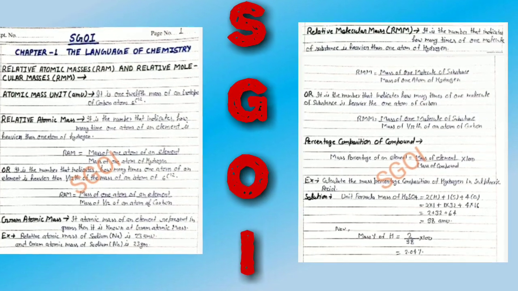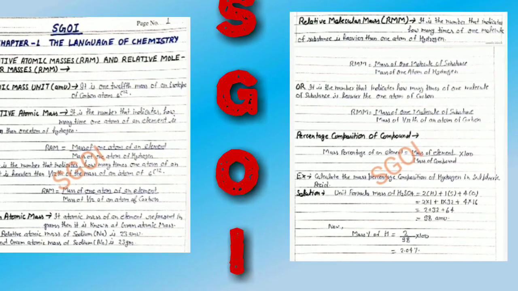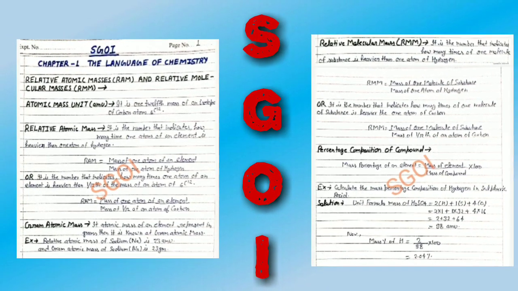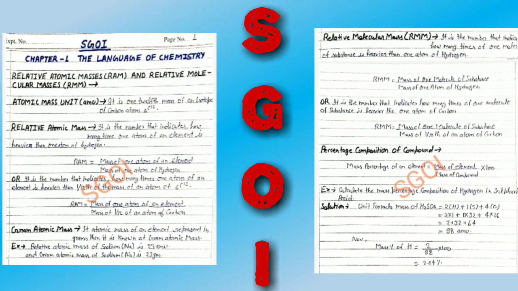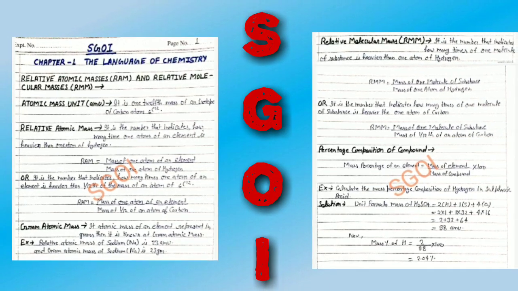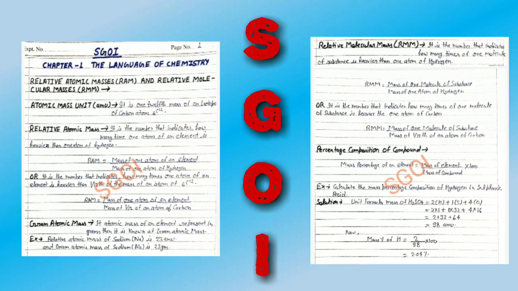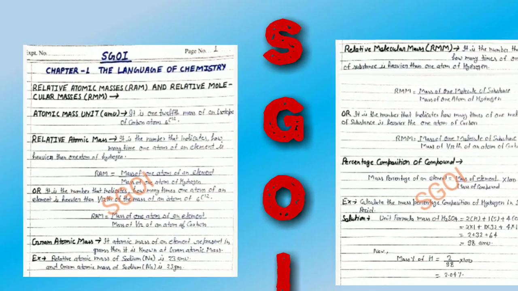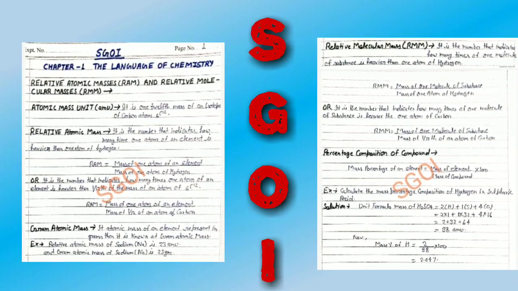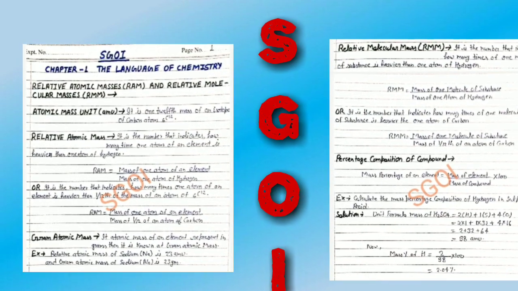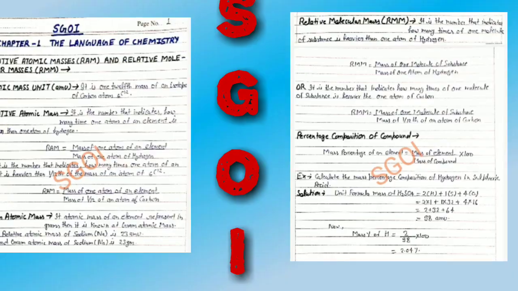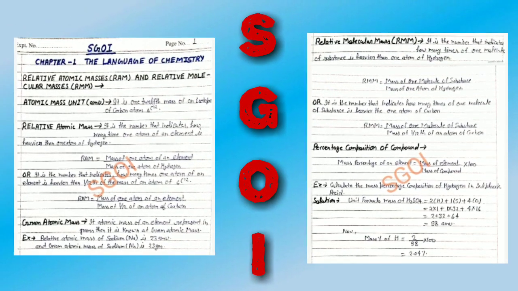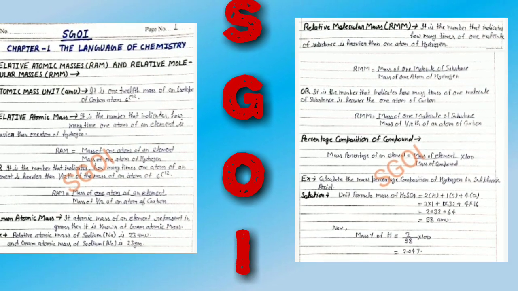Yes, student. The formula of sulfuric acid is H2SO4. First of all, calculate the formula mass. In H2SO4, there are 2 hydrogen atoms, 1 sulfur atom and 4 oxygen atoms. The mass of hydrogen is 1, sulfur is 32 and oxygen is 16. Multiply and then add, this comes out to be 98 AMU.